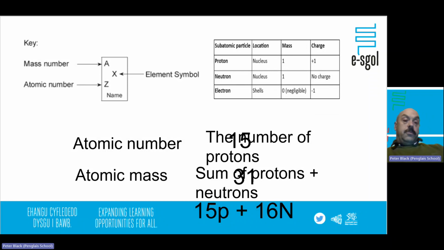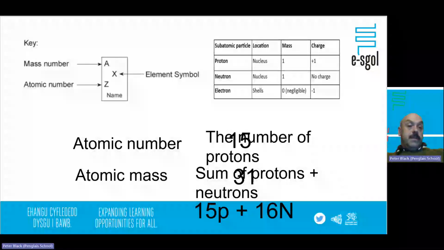So we're going to explore now what atomic number and atomic mass actually mean. The atomic number refers to the number of protons in our nucleus. If you were paying attention from the previous slide, you should also know that if that's telling us the number of protons, it's also telling us the number of electrons. So the small value at the bottom here will be your proton number and also the number of electrons.